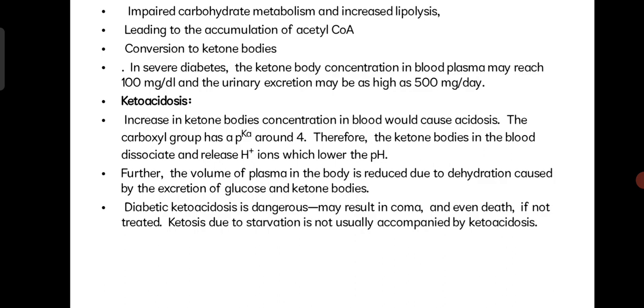This release of hydrogen ions will lower the pH. When pH lowers, the plasma volume will get reduced because of dehydration. Finally, they result in the excretion of glucose and ketone bodies.